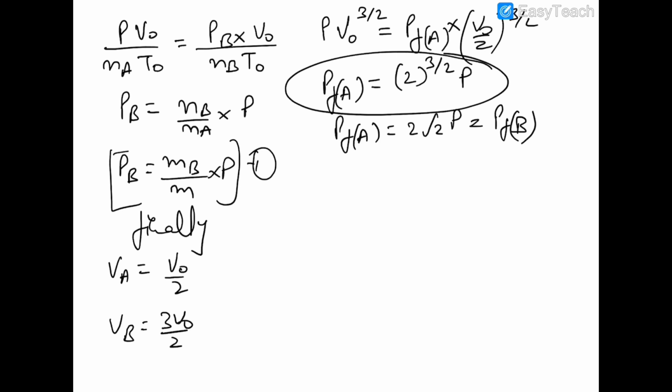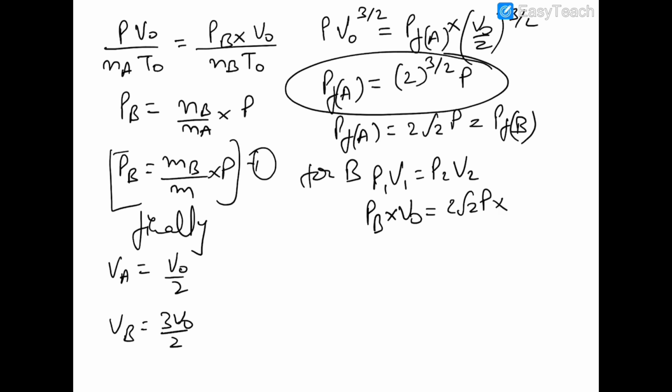And for gas B, this is isothermal process, so for B we will use the equation P1 V1 is equal to P2 V2. So initial pressure of gas B was PB and volume was V naught, and finally its volume is 3 V naught by 2 and pressure is P final of A, which is 2 root 2 P, into 3 V naught by 2.